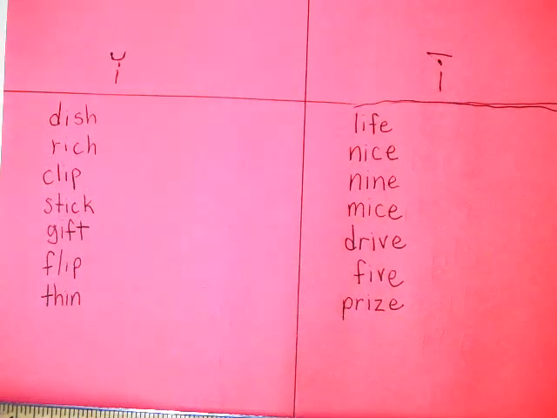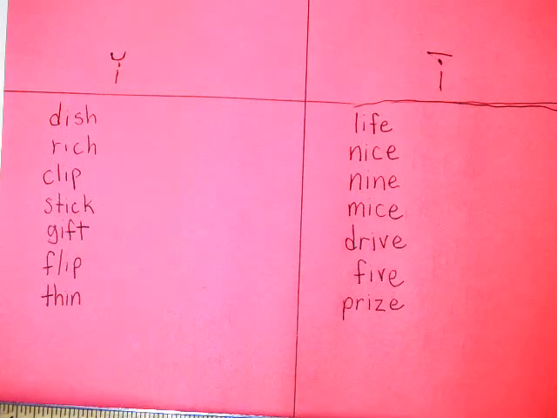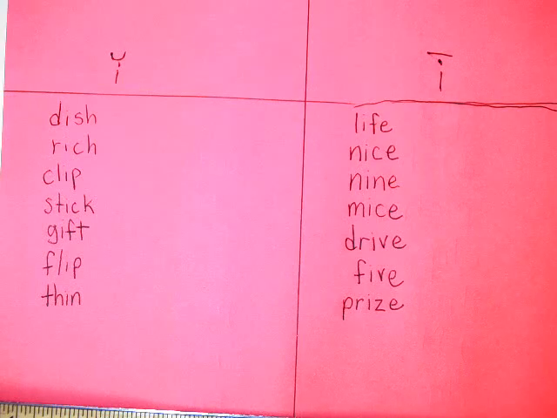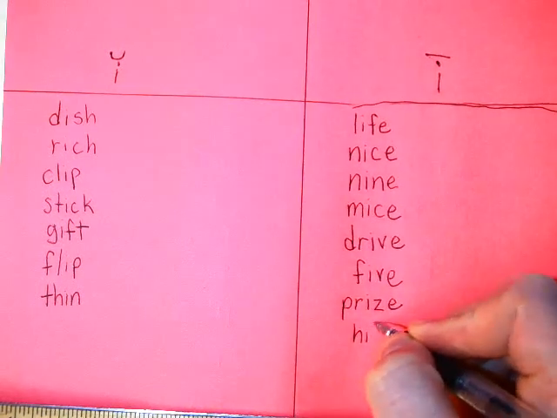Your next word is hike. Hike. If you hear short i in hike, put it here. If you hear long i in hike, put it over here. If you got it over here, you are correct.